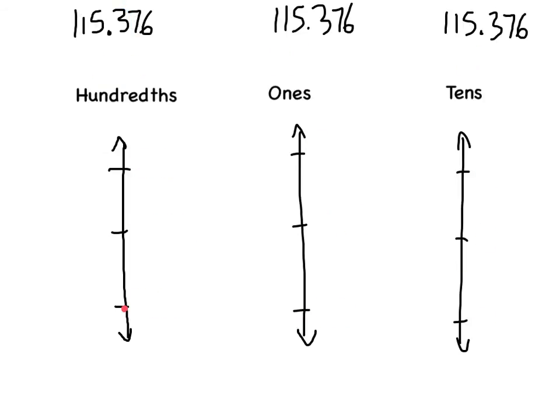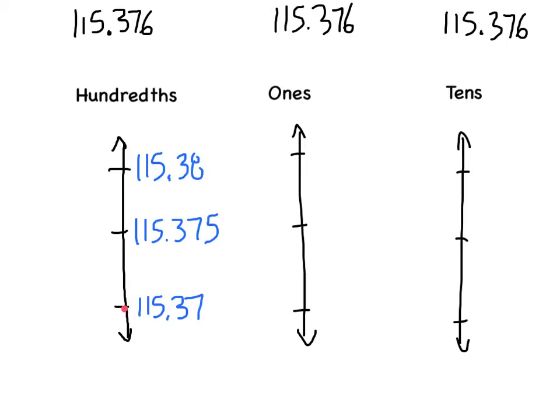One last problem here. I have the number 115 and 376 thousandths. If I want to go to the hundredths place, this is going to be in between 115 and 37 hundredths and 115 and 38 hundredths, and the middle point there is going to be 115 and 375 thousandths.